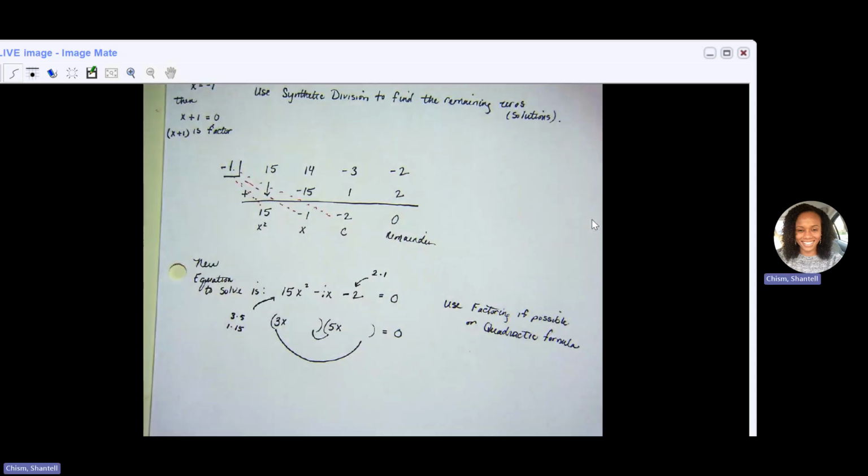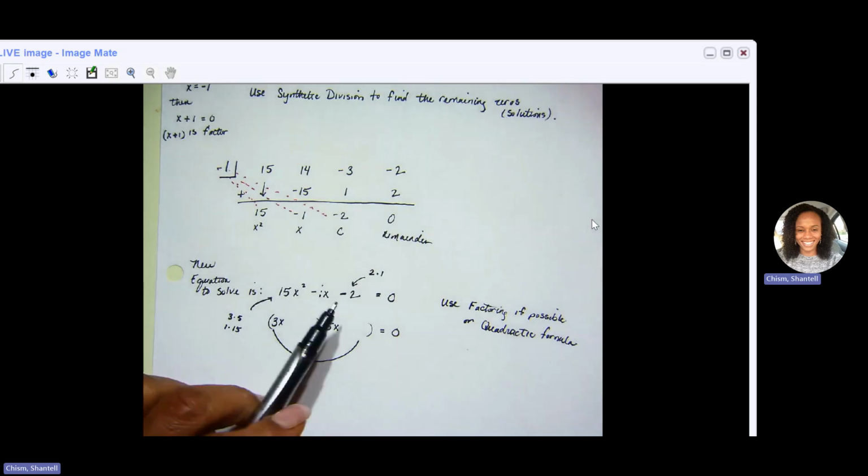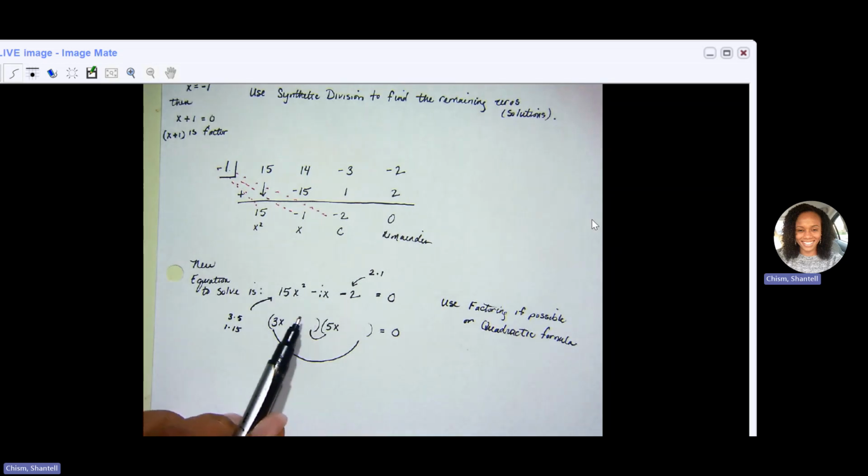But you need to put them in the right spot so that when you get your inner and outer terms, you get -1. Because remember, factoring is the FOIL method in reverse. Also keep in mind the constant term is minus, so you should have different signs in here. One will be plus, one will be negative.